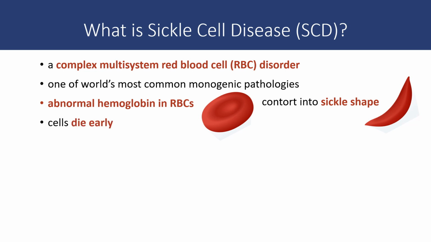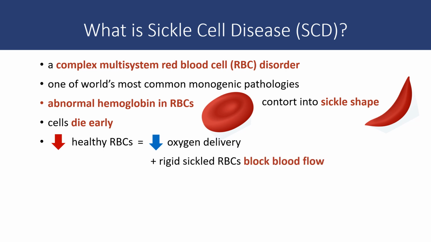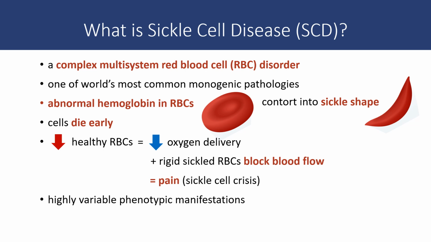The cells then die early, leaving a shortage of healthy red blood cells, which decreases oxygen delivery, and the rigid sickled red blood cells then block blood flow in various parts of the body. This causes pain, which is referred to as sickle cell crisis. Because this can affect many parts of the body, SCD has highly variable phenotypic manifestations, including serious, if not life-threatening, conditions.